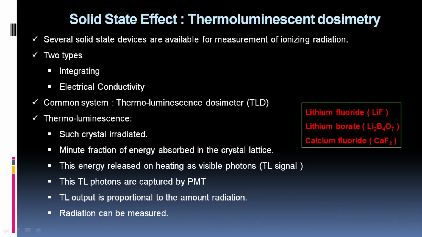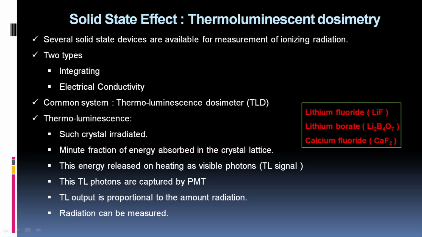Now, one important type of dose measurement system is based on the solid state effect, and this is thermoluminescent dosimetry, that is TLD, a dose measurement system. There are various types of solid state devices available for measurement of ionizing radiations. We use two types of solid state effect based dose measurement systems.